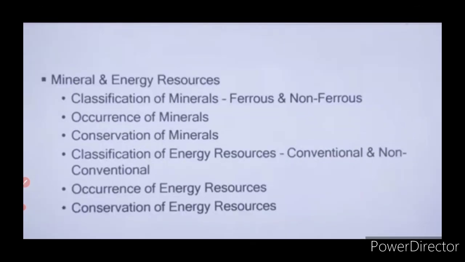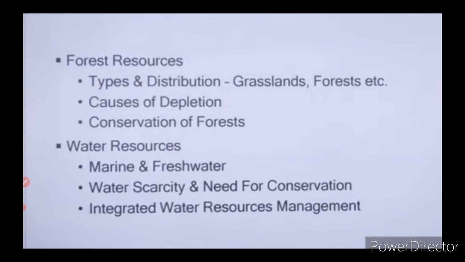Then mineral and energy resources, so classification of it, whether they are non-ferrous or ferrous, then occurrence of it, conservation of it, how can we conserve it, classification of energy resources, so are they conventional, means traditional, have been used since a long period of time, and non-conventional, a little different. Then occurrence of energy resources and conservation of energy resources, again how can we save it, what is the need to do it.